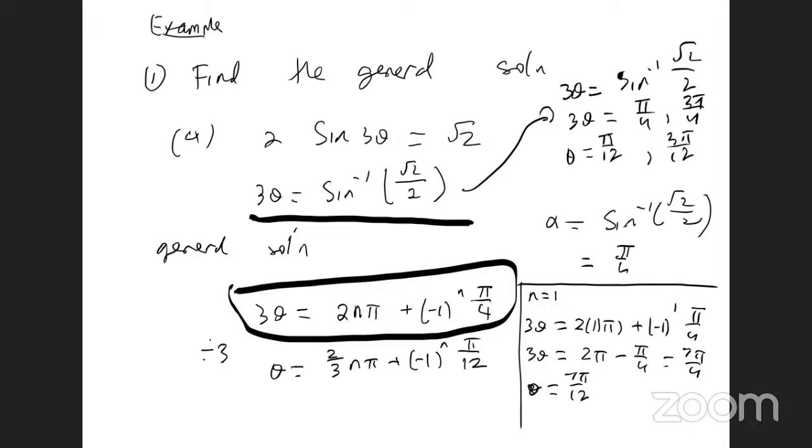Last time I wrote it. Okay. So that is your value. That's one of your values, 7 pi on 12, right?